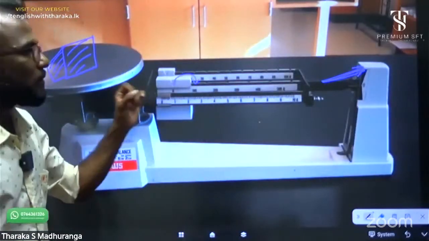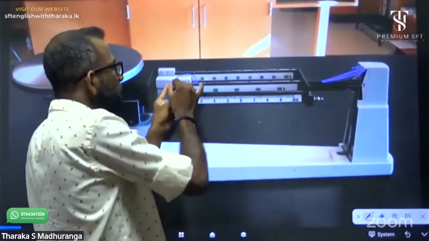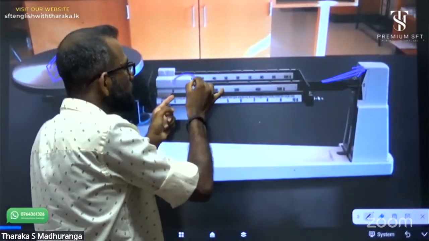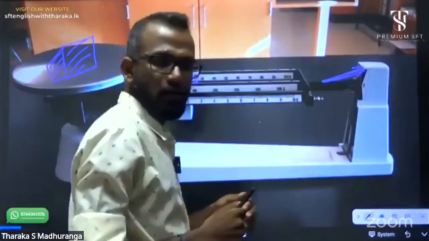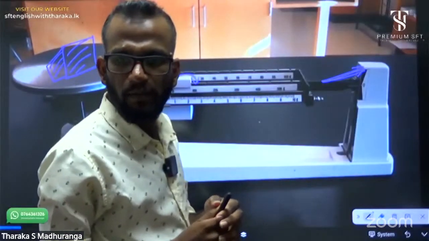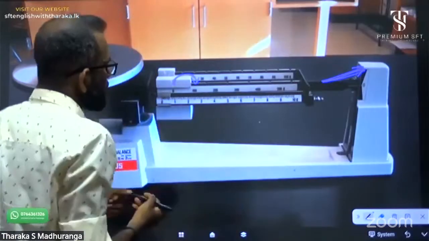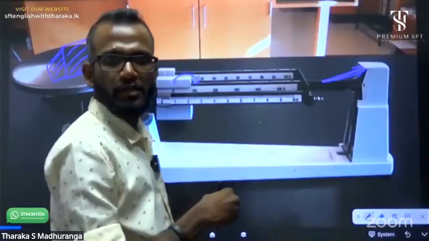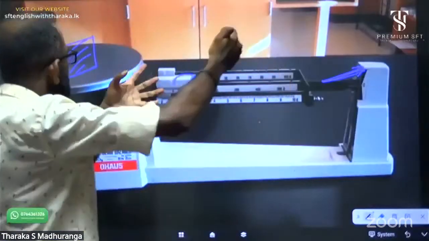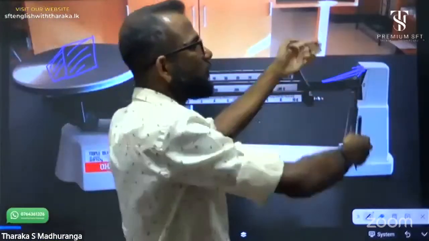Think this 100-gram heaviest mass rider is placed in the first groove. First groove means 100-gram groove. Still there is no difference, no change of the pointer.